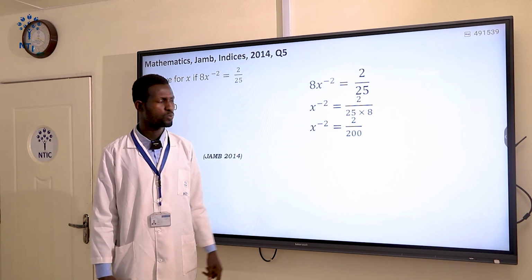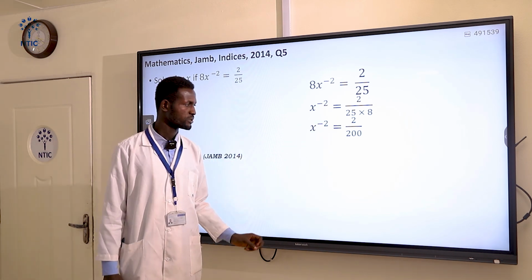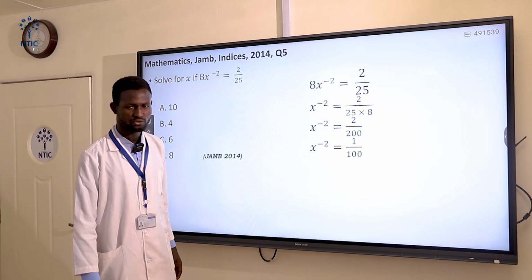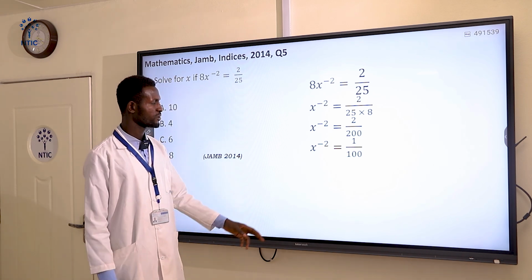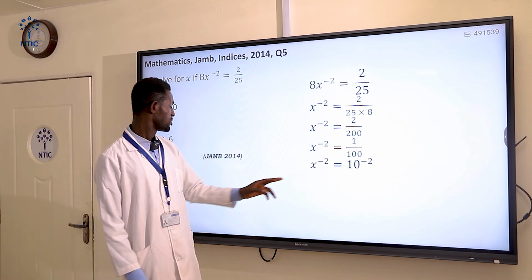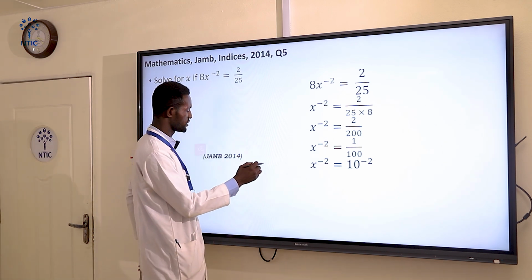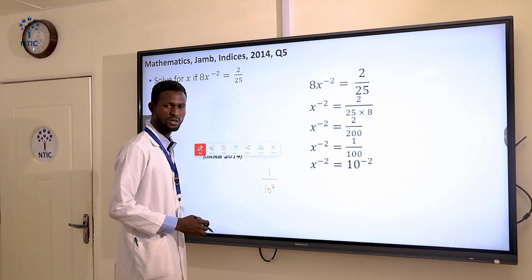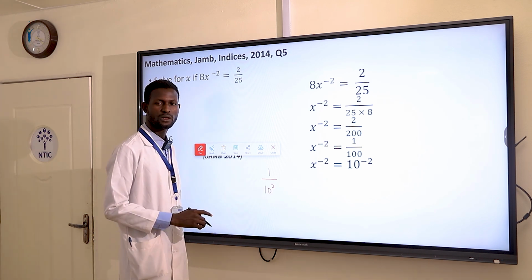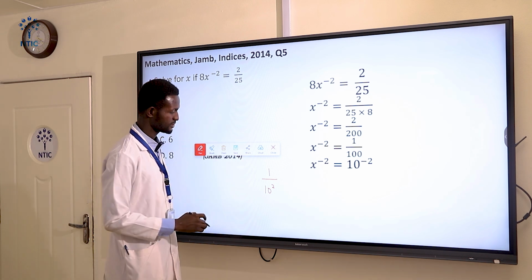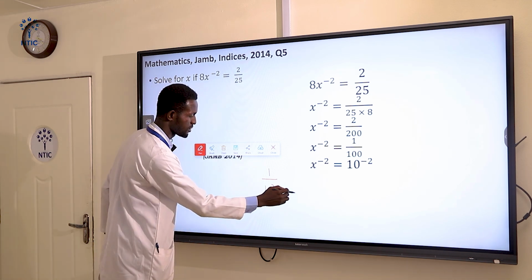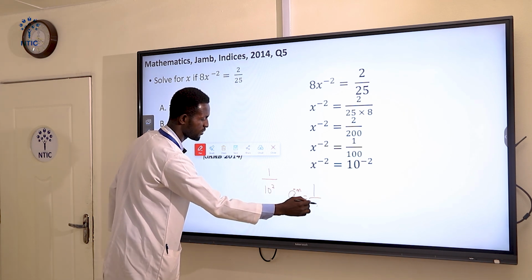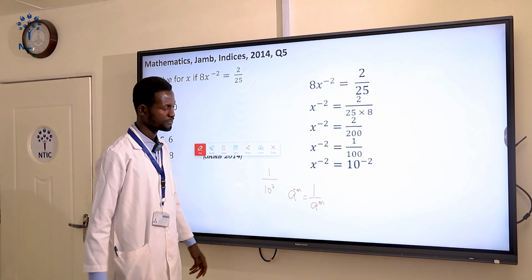Now we can cancel out because we have a common factor here. 2 goes in 2, 1. 2 goes in 200, 100. Then we can also express 100 as a base 10 number. If we do this, we get 1 divided by 10 raised to power 2. And do not forget a particular law of indices that says a raised to power minus m equals 1 over a raised to power m.